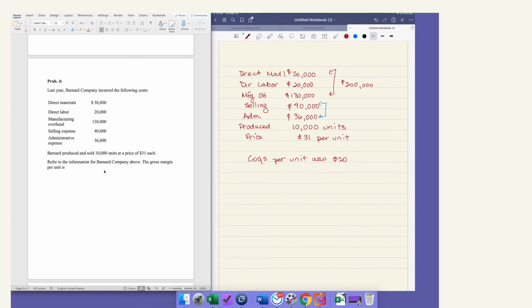Well, again, we need to remember that gross margin total is your total revenue minus your total cost of goods sold. So gross margin per unit is going to be equal to the price minus the cost of goods sold, or the product cost per unit.